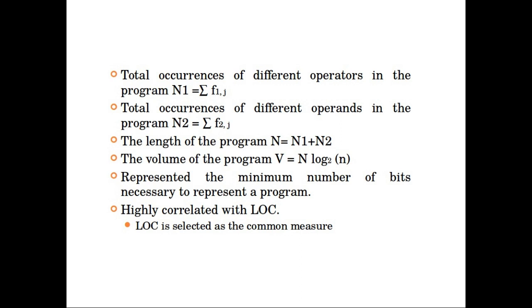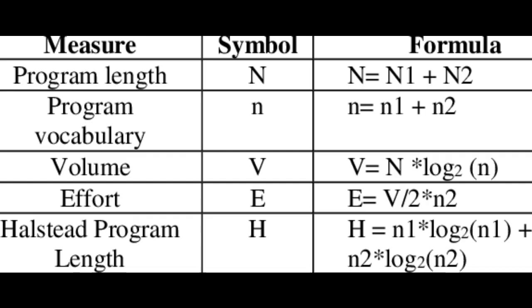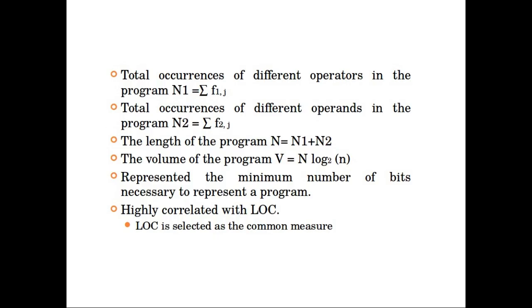Then the length of the program capital N is equal to N1 plus N2, which is different from Halstead program length. Halstead program length H is equal to n1 into log n1 base 2 plus n2 into log n2 base 2. Volume of the program V is equal to N log n base 2, which represents the minimum number of bits necessary to represent the program. These equations are highly correlated with the size of the program, LOC.